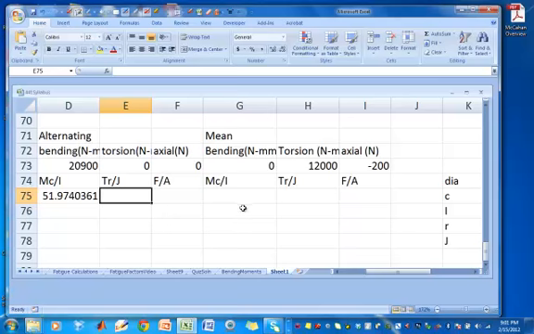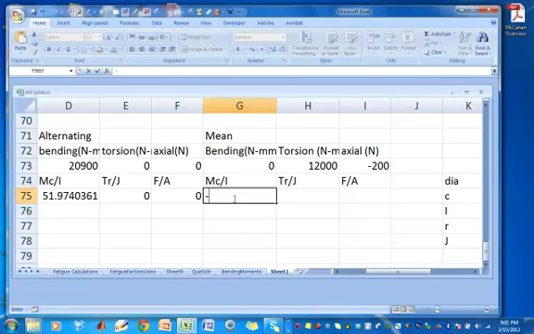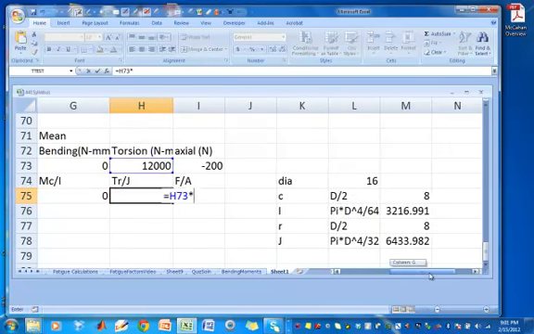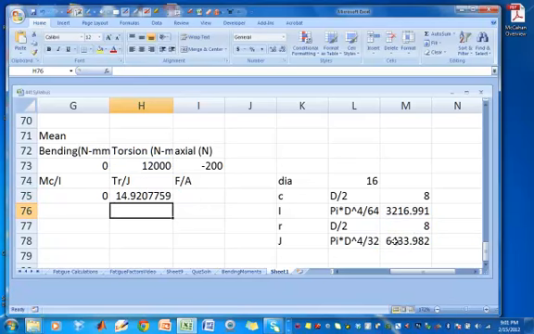Tr over J. Let us do that. So that is 0, we don't have to worry. That's 0, that's 0. That one will be equal to that times R divided by J, 14.9, and then we got to do F over A. That's easy.